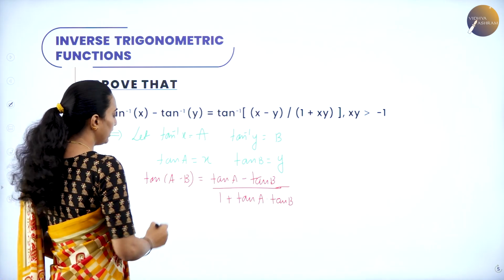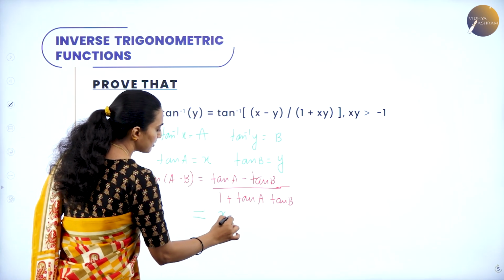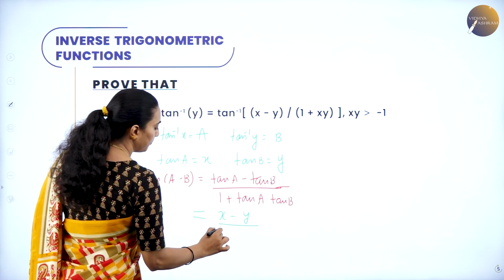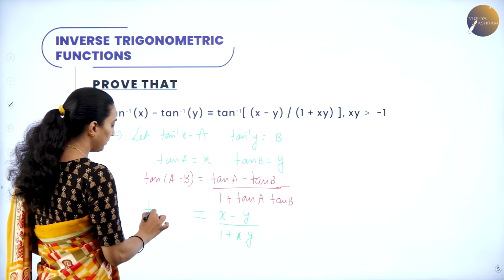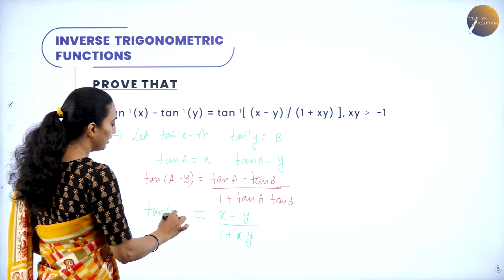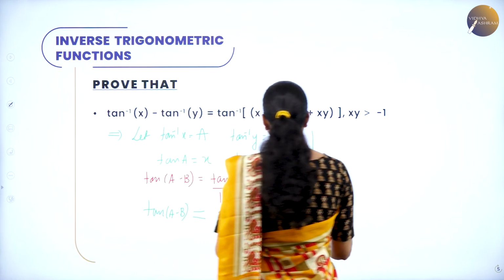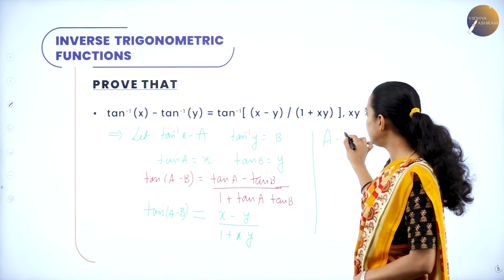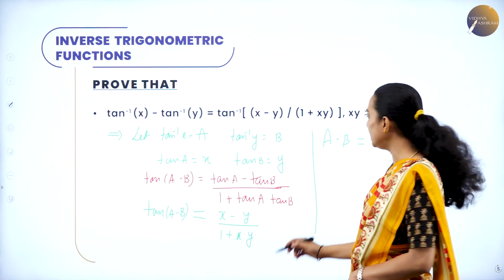So let me take this one as substitution. What is tan a? Tan a is x minus y divided by 1 plus x into y, correct, which is nothing but in the left hand side tan of a minus b. So a minus b is equal to, bring tan to this side, what it will become? Inverse.